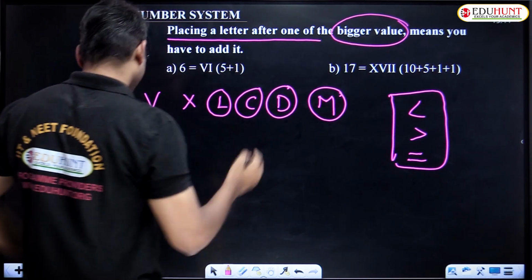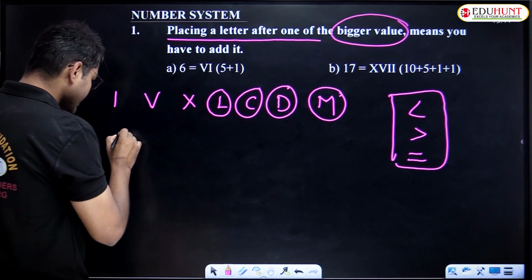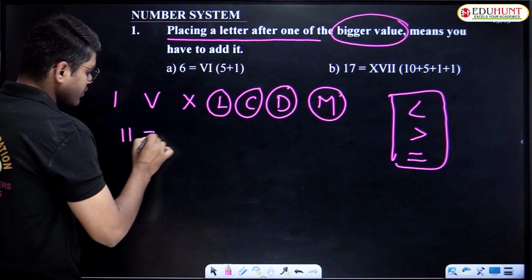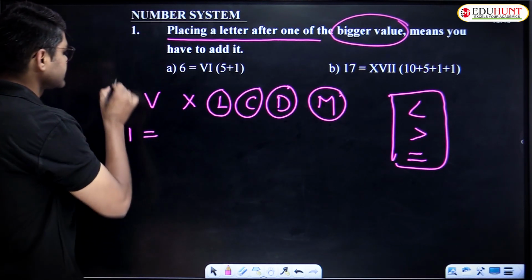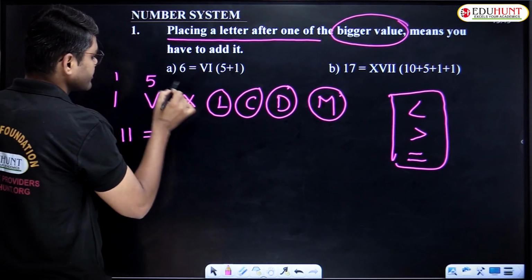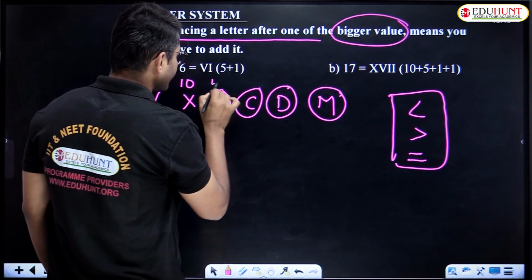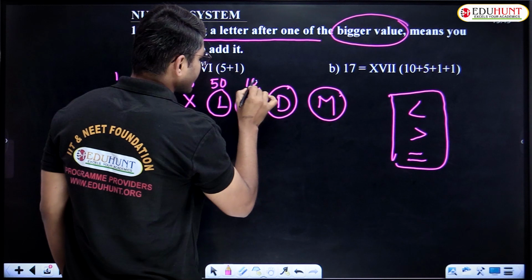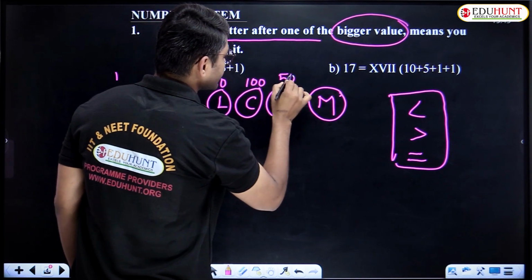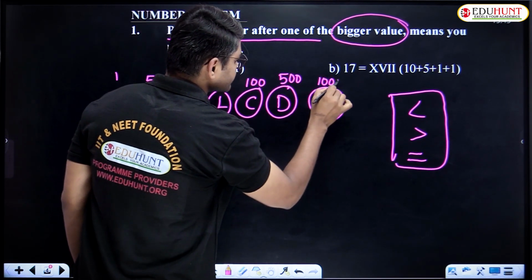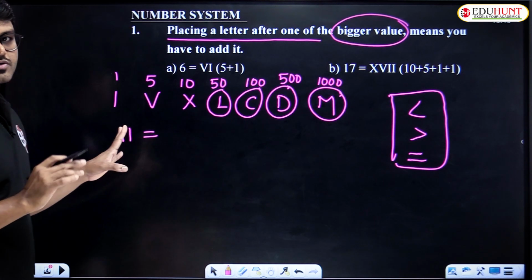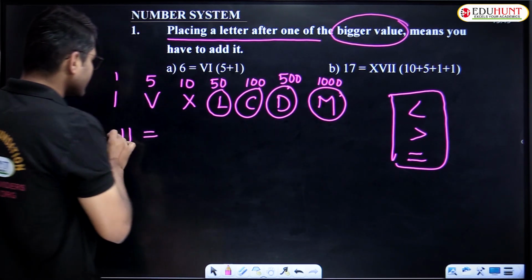For example, I want to write 11. How can I write? Here it is 1, 5, 10, 50, this is 100, this is 500, this is 1000. Did you understand, students? Now see, I want to write 11.